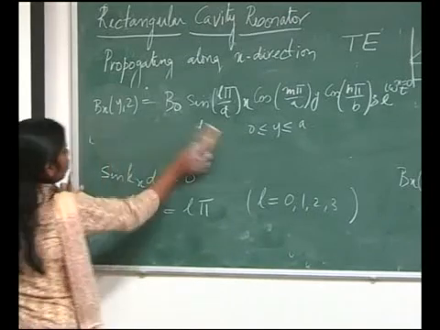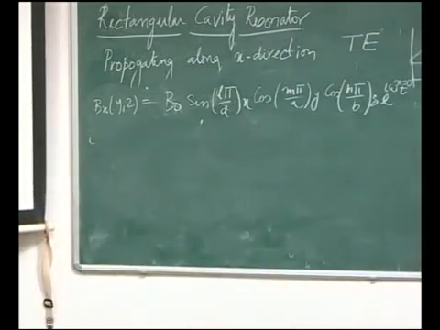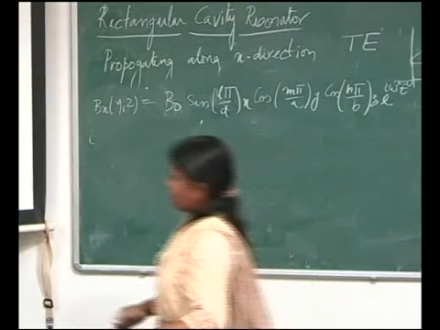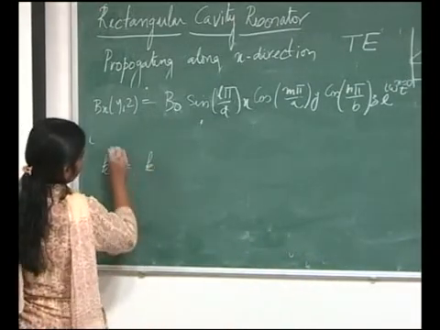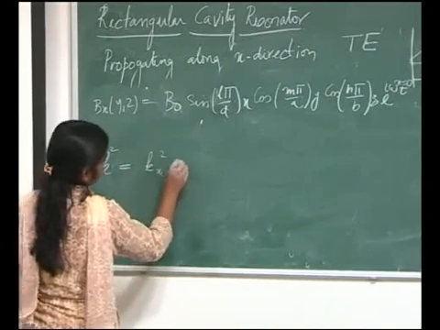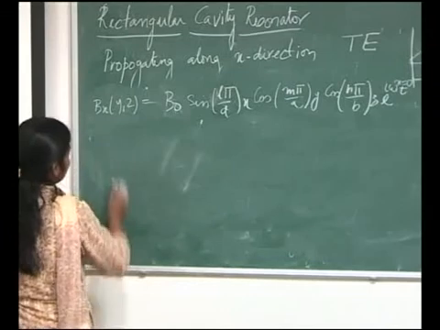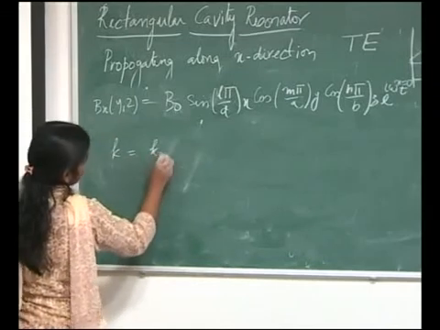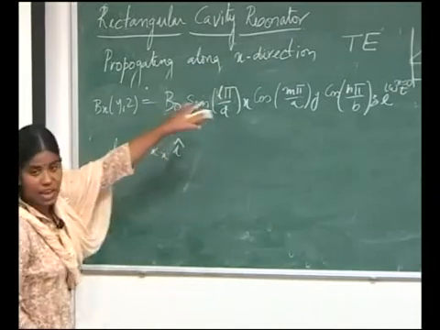Now, I go to find the effective propagation constant, the wave vector. It is better to write it like this, that k is equal to kx i plus ky j plus kz k, where here i is a unit vector, so do not get confused with the I there.